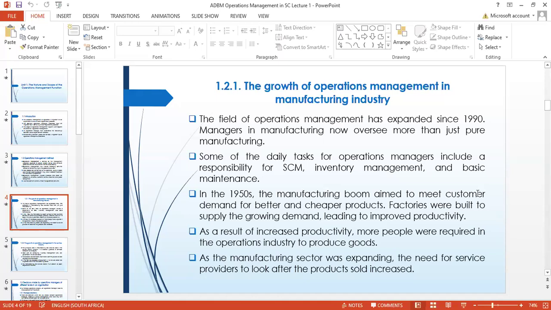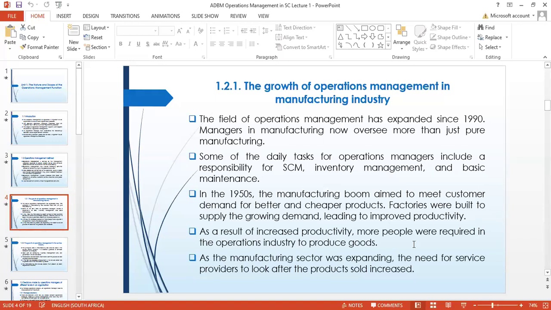As it expanded, it means there was also an increase in the need for services. A lot of goods were being produced, and there was need for service providers to look after these goods. When goods are produced, those who provide services, for example, security services, their services will be required to ensure that the goods are safe, the goods are not being stolen. Okay, that's the manufacturing industry.